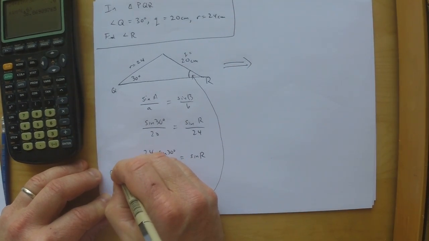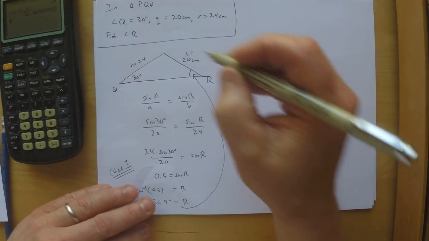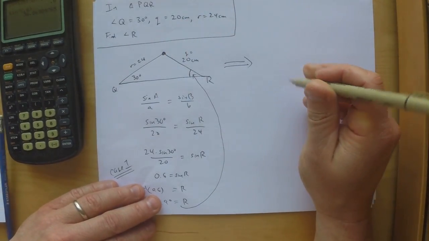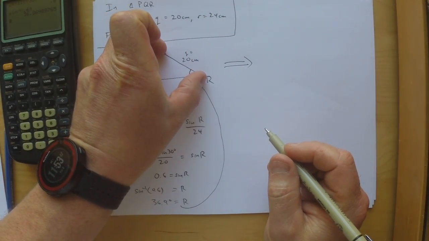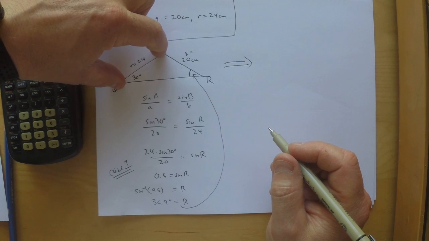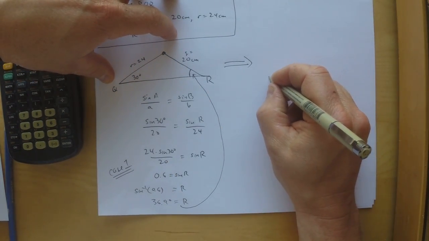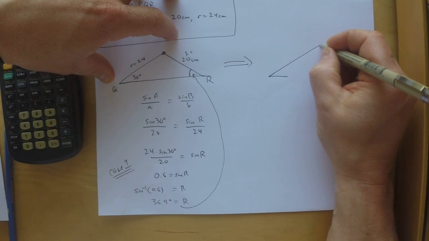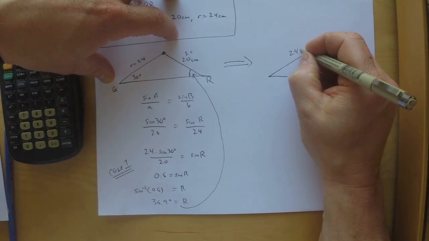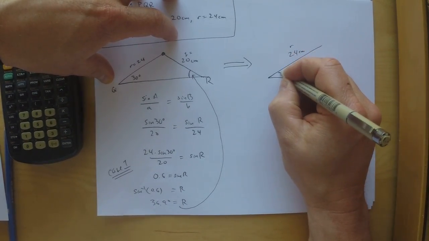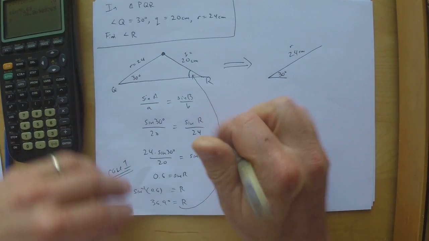This was my case 1 answer. If you think of a little hinge here, this 20 centimeters is less than 24. This could have been, and watch carefully, there's the same 24 centimeters for R. There's the same 30 degrees.